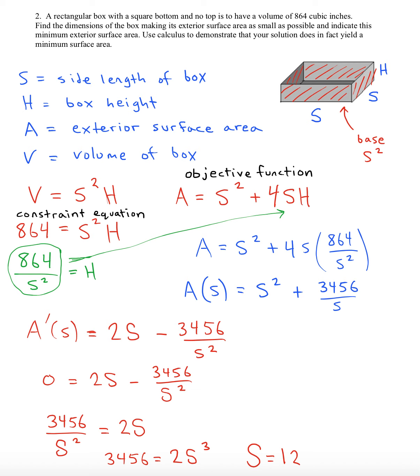All right, so we should now find the height of the box. Looks like 12 inches is the ideal length and width of the box. Let's find the height using our formula from before, which says H equals 864 over S squared.